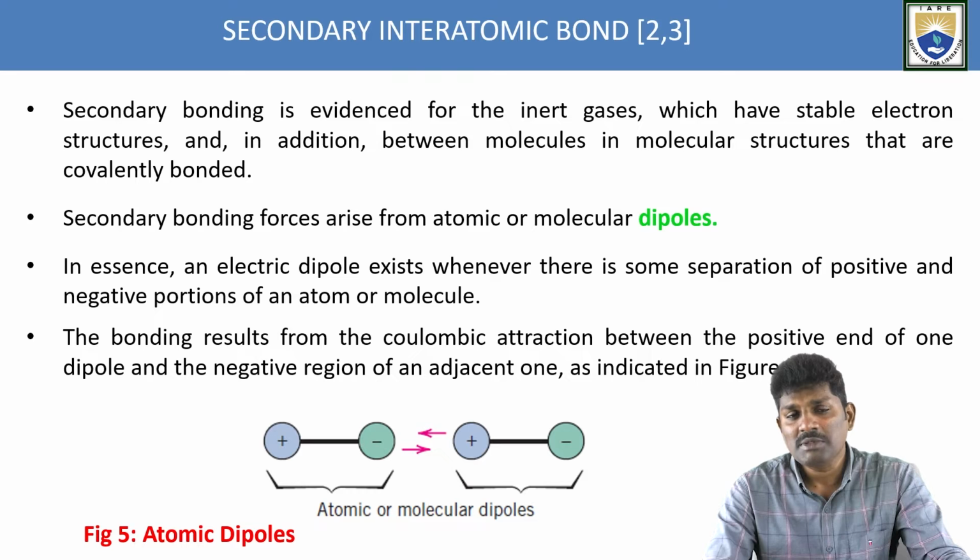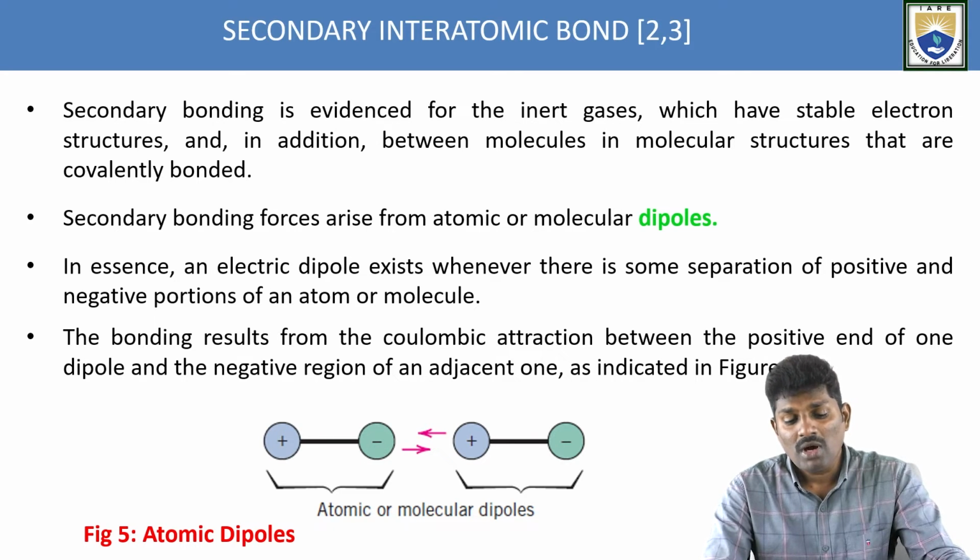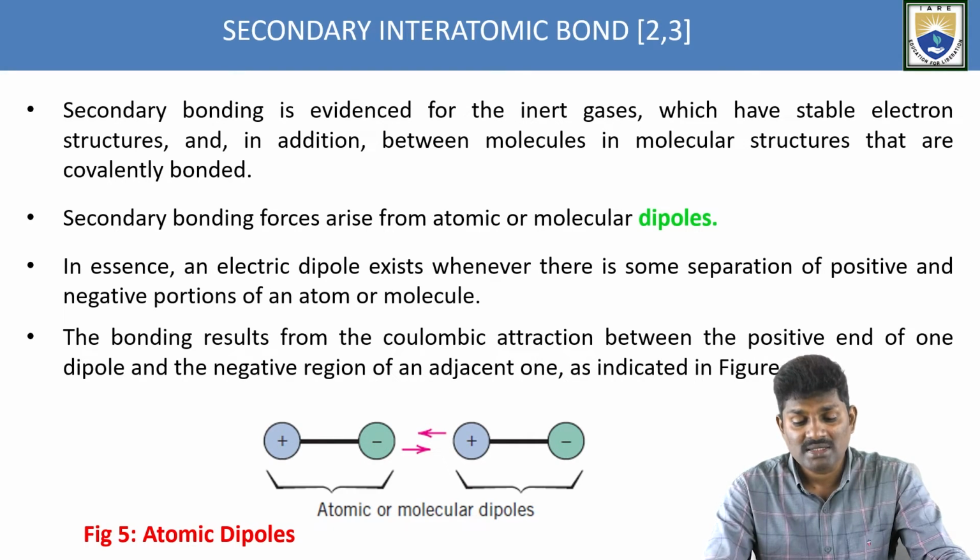Why only inert gases? Because of the stable electronic structure. That's why we can have this type of secondary bonding. In addition, you have molecules with intermolecular structure which is covalently bonded in this type of secondary bonding. And the secondary bonding forces arise from atomic or molecular dipoles.